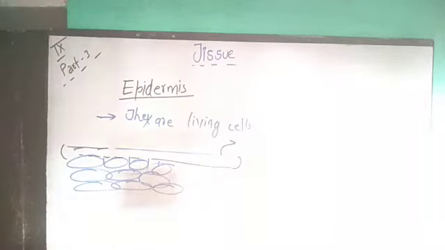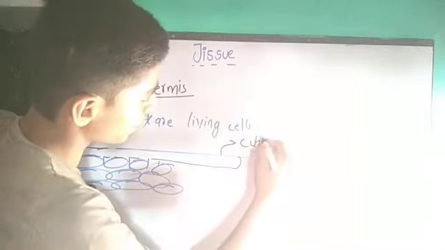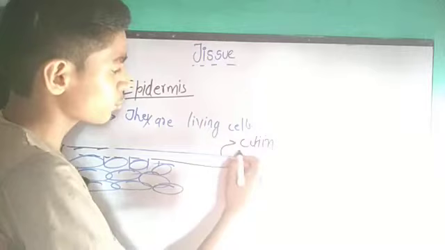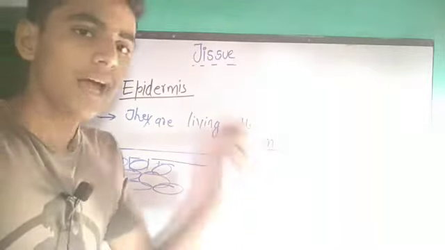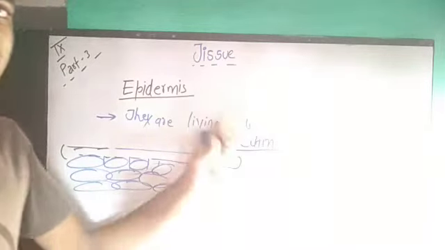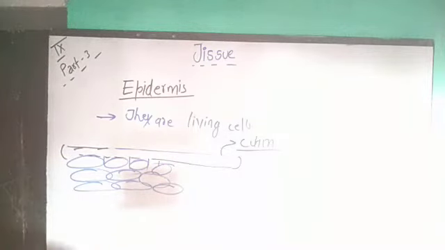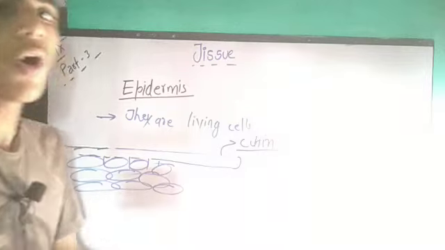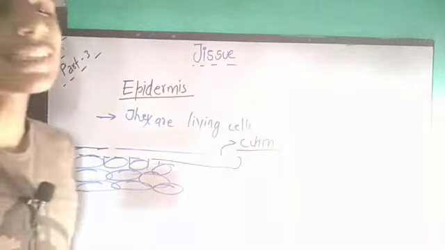Whenever we look at epidermal cells, the substance available is cutin. Don't get confused, because there are other substances when we look at another layered structure known as cork. There we can see suberin, but here it is cutin, which is a hard substance that makes the entire surface hard.